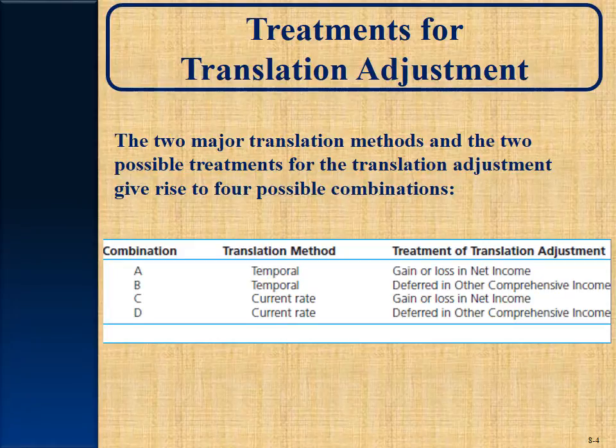Under the temporal method, if you have a gain or a loss in translating your balance sheet and income statement items, does it go in the income statement or can it be in other comprehensive income? The current rate translation method could also come to a gain or loss. Do we put it on the income statement or do we put it on other comprehensive income?